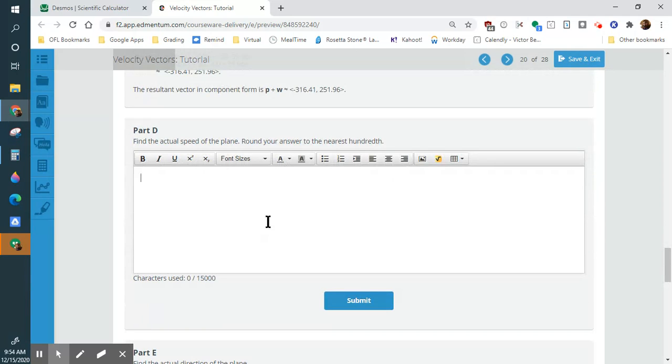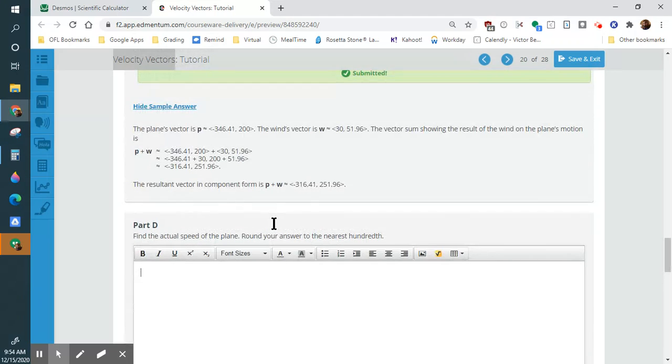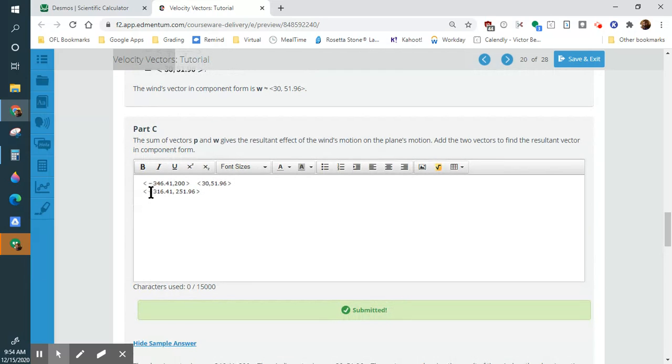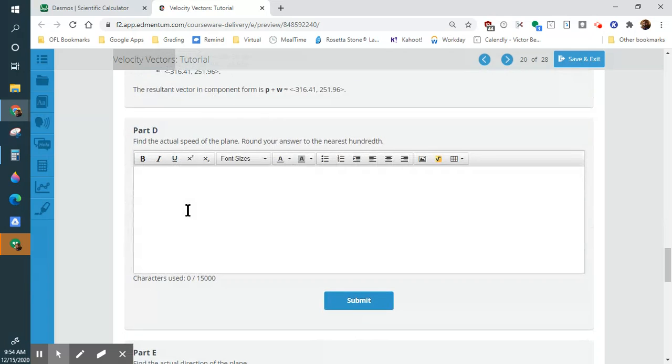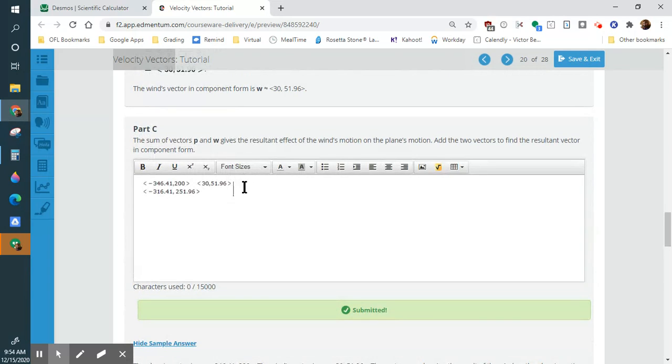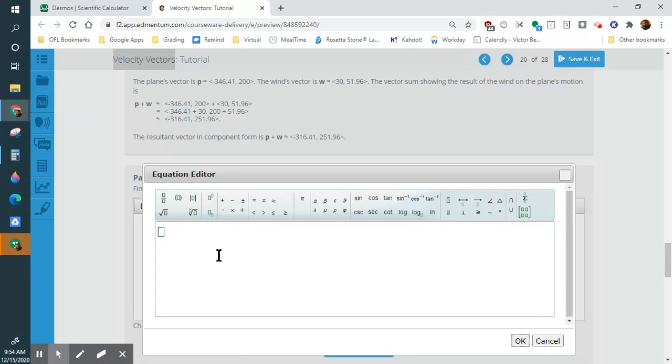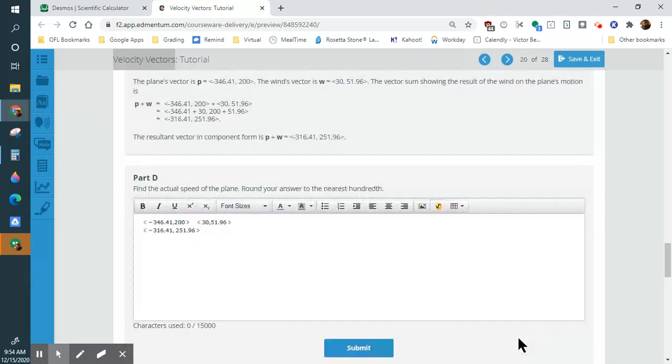Find the actual speed. If we want to find the actual speed, we need to find the magnitude. The way we're going to find the magnitude is we're going to square these and add them together. So I'm going to go back in here. Did this not edit?